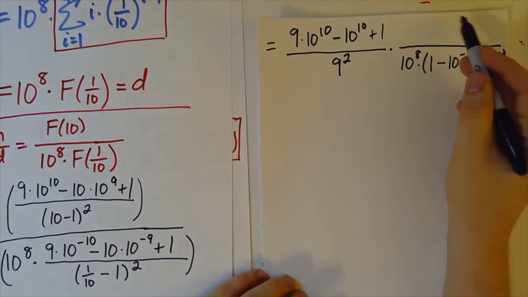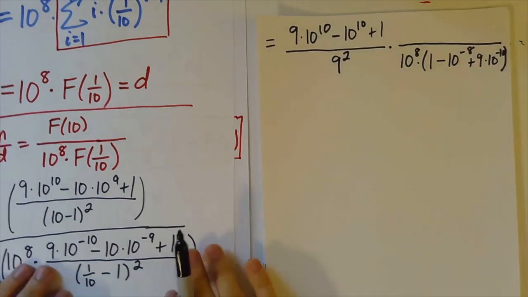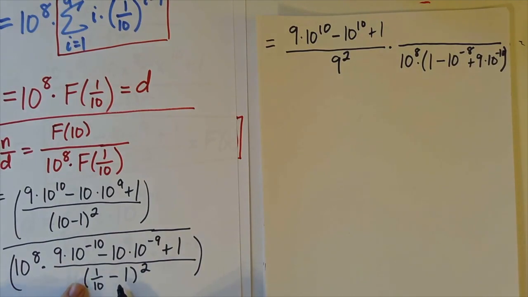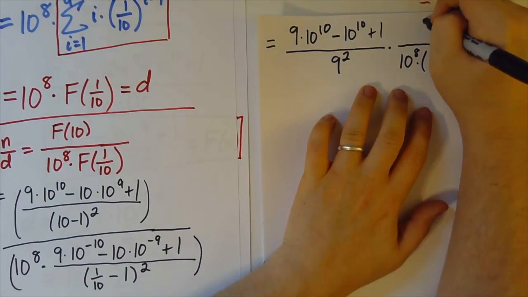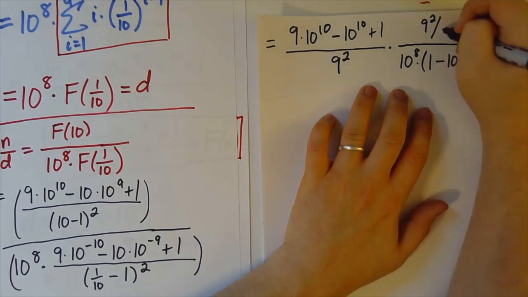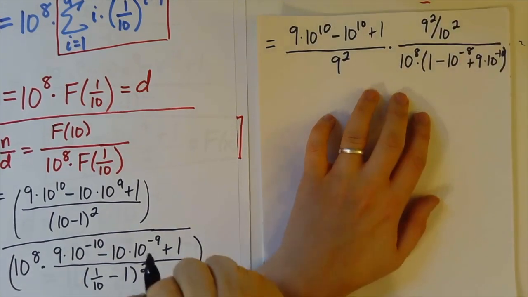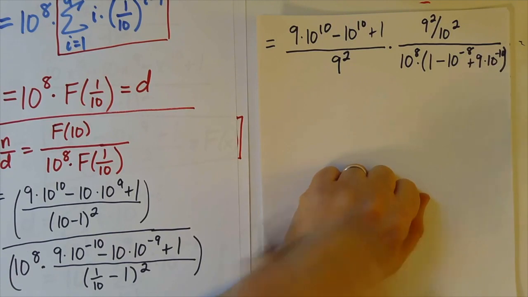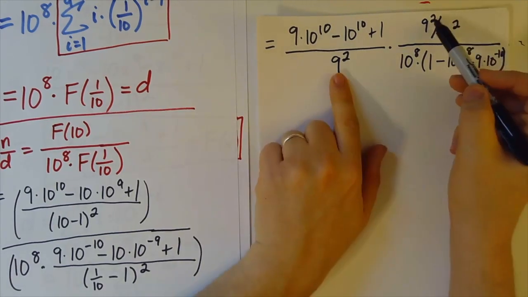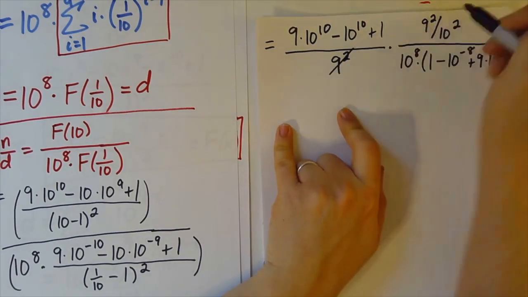Okay, and then the numerator up here is now 1/10 minus 1 squared, which, because it's squared, is the same as 1 minus 1/10 squared. So this is 9 squared divided by 10 squared. Okay, in particular, if you look at everything that's happening, these 9 squareds are going to cancel.